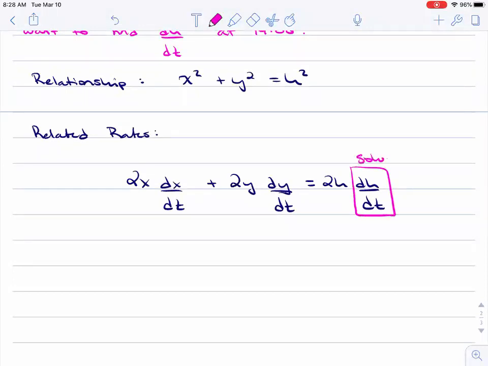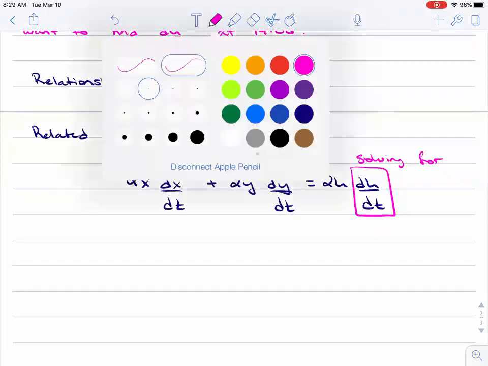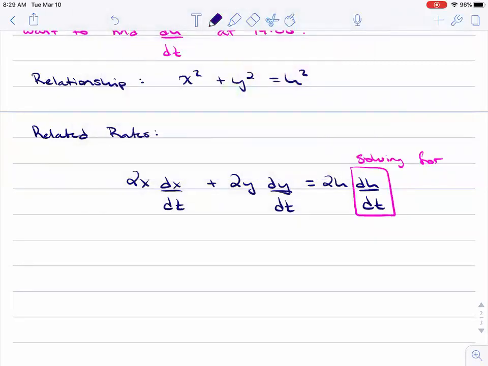We're solving for dh dt. We know dx dt, and we know dy dt. We can also find x, y, and h, right?